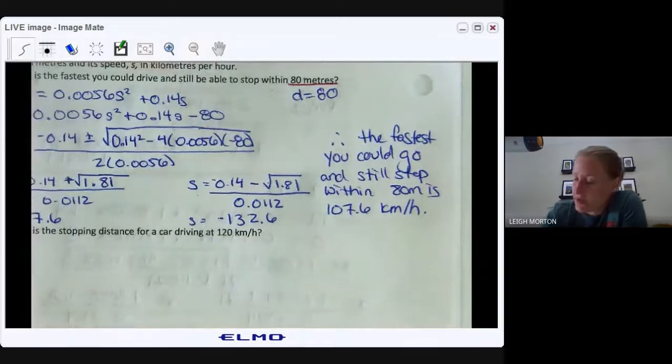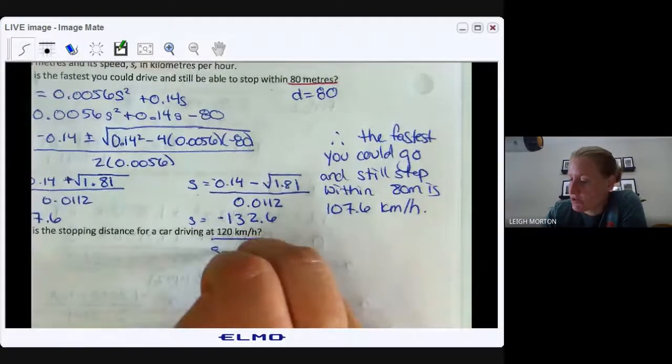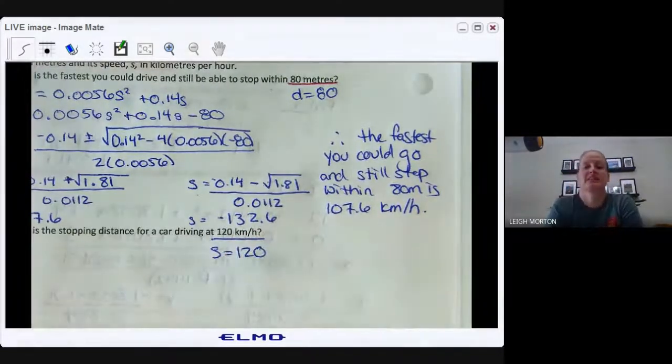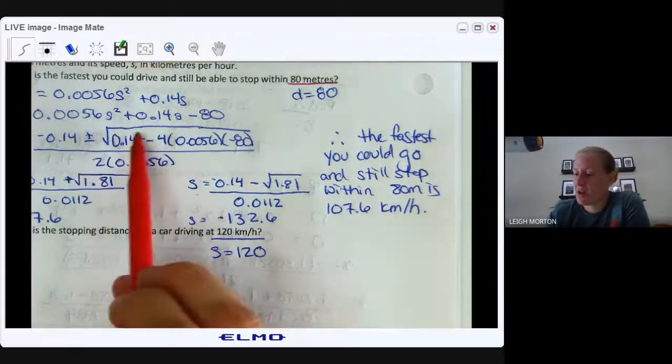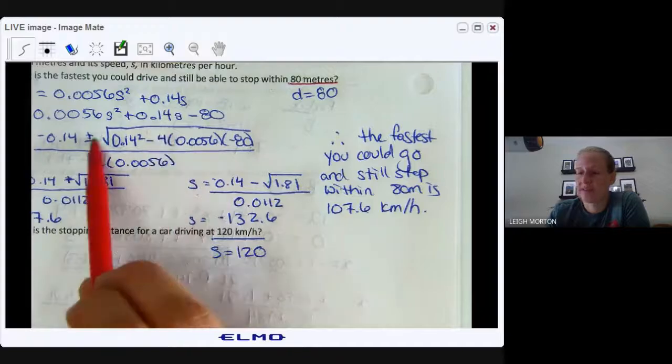Our next question, we're given the speed. s equals 120. Go ahead and calculate the distance it would require to stop, please. And if you are starting to study for your driver's test, or maybe you completed it already, where did I get negative 1.81? This is our discriminant here, Victoria.